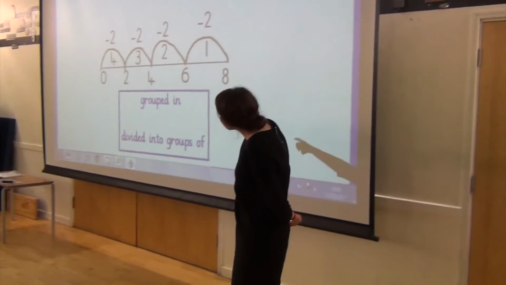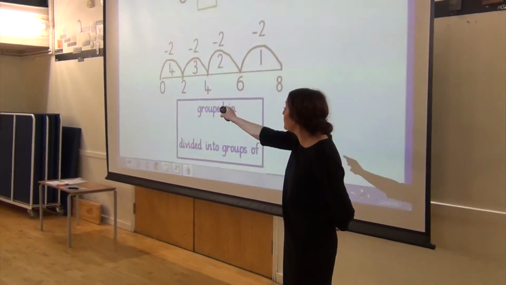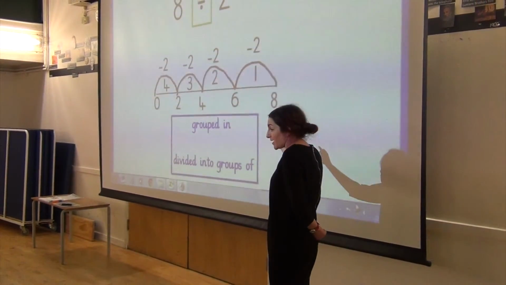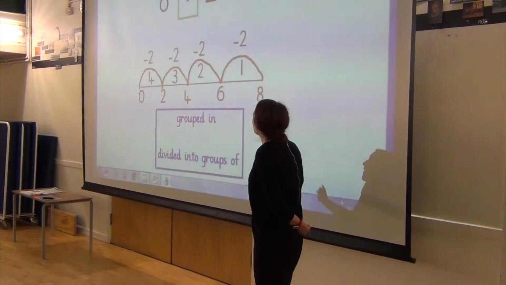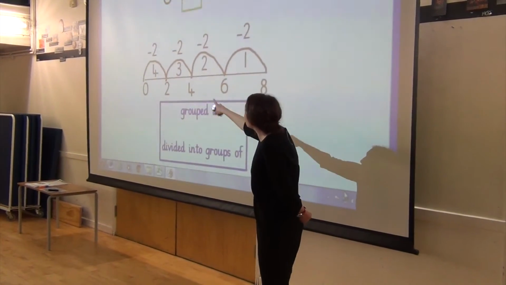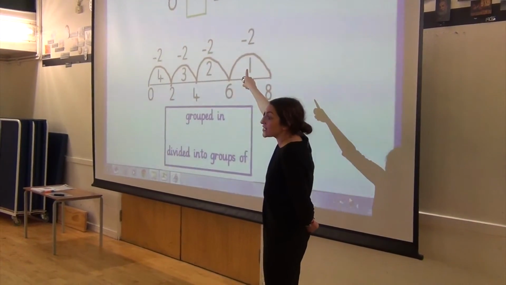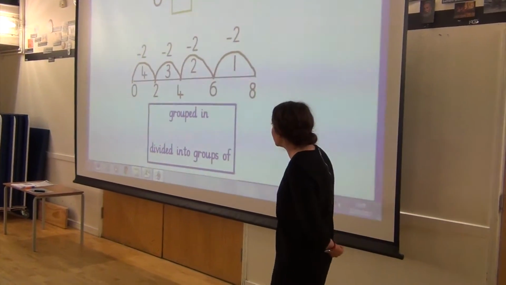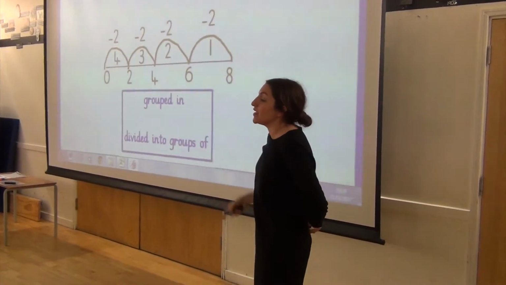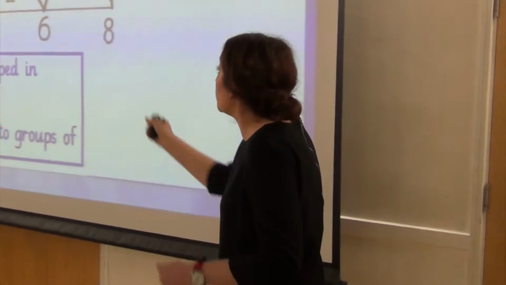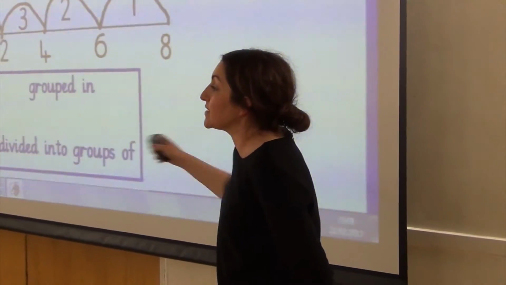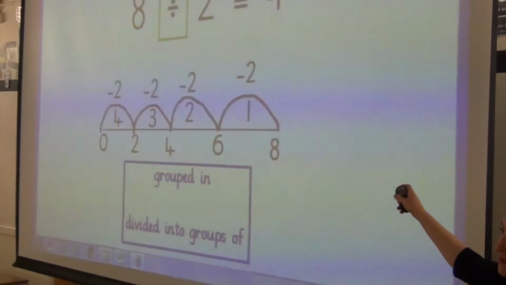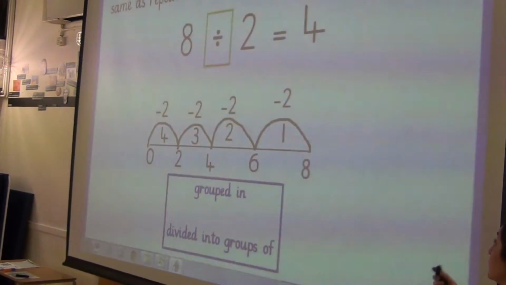So this time, instead of starting on the left-hand side, they start on the right-hand side. They start at the 8, which is the starting number in the calculation, and they jump back in steps of 2. Whichever the second number is, whatever groups they're making, they jump back in those steps until they can't take away any more, so until they get to 0. And then however many jumps they've done tells them how many groups of that number are in 8, or in the starting number.